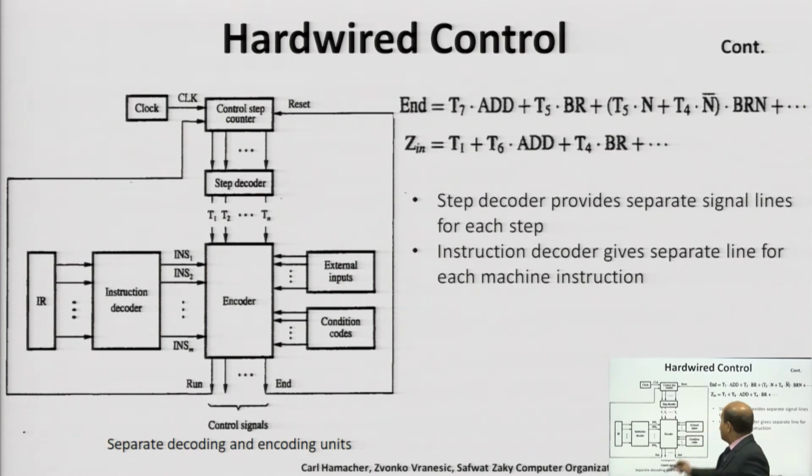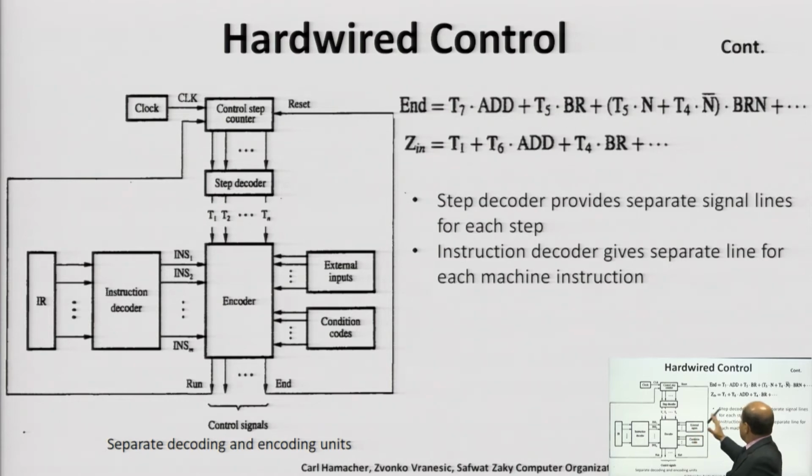In the same way, the Zin control was issued in the first step and sixth step, and in the fourth step of branch instruction execution.